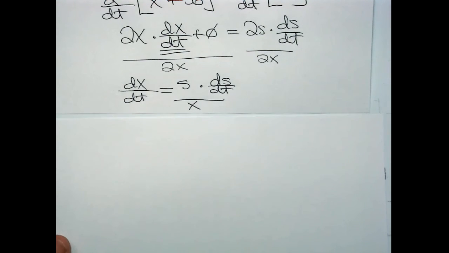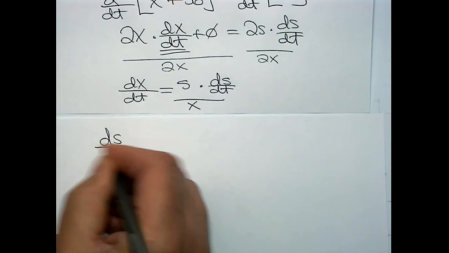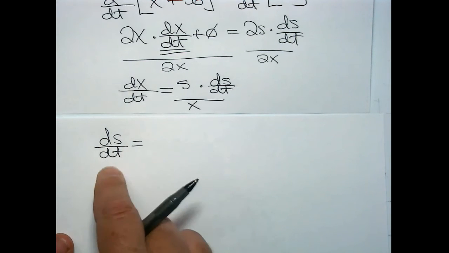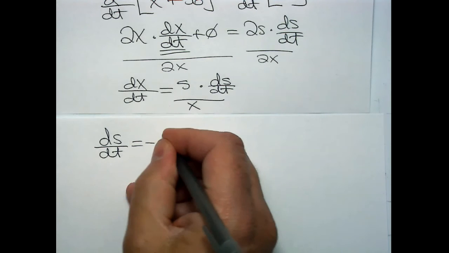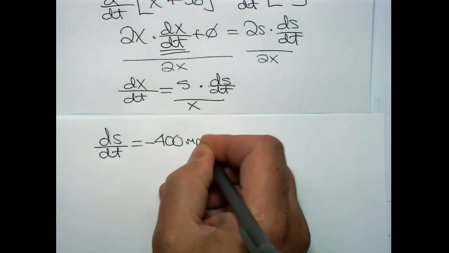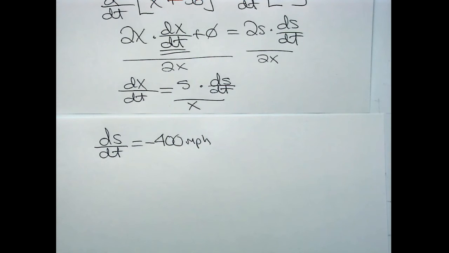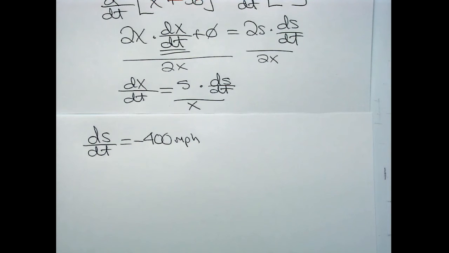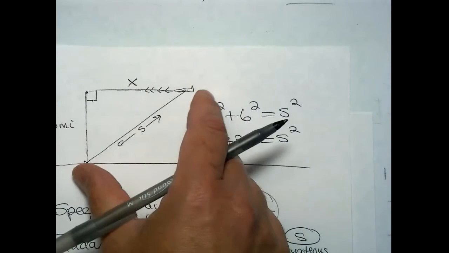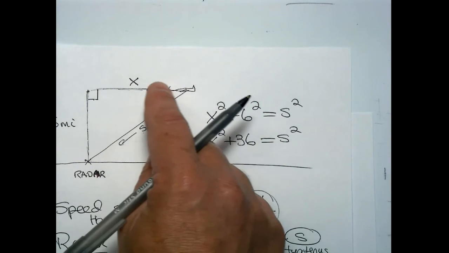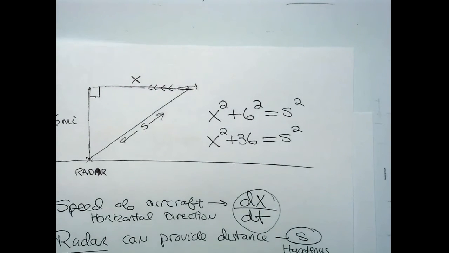So the radar reports in and says, right now, ds/dt, the rate at which that hypotenuse is changing, is minus 400 miles per hour. So based on the radar, it's coming at the radar site at 400 miles per hour. It's negative because s will be shrinking. As you get closer and closer, s gets smaller and smaller.